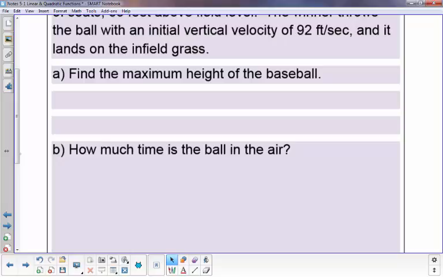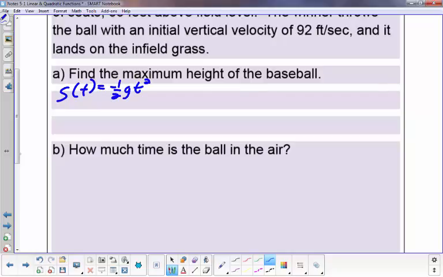All right, so a couple of things we need to set up our equation here. Since we're doing height, we're going to use s. So we're going to think s of t, and that is equal to negative 1/2 g t squared plus v of 0 t plus s of 0. We know that s of t is equal to negative 1/2 times g. Since we're doing it in feet, we want to use 32, times t squared, since we don't know time, plus initial velocity.